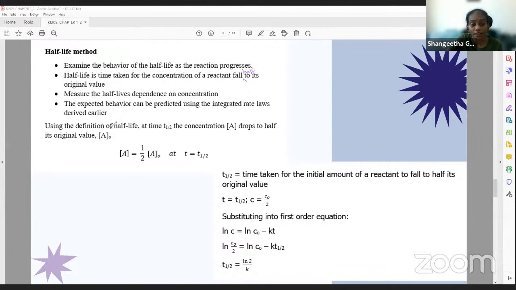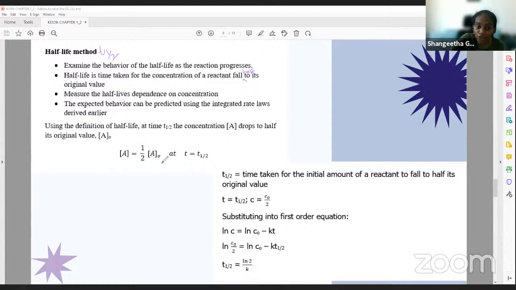Using the definition of half-life, at time t-half, the concentration A drops to half the original value of A naught. Putting that into an expression, at half-life, at t equals t-half, the value of A is half of A naught.